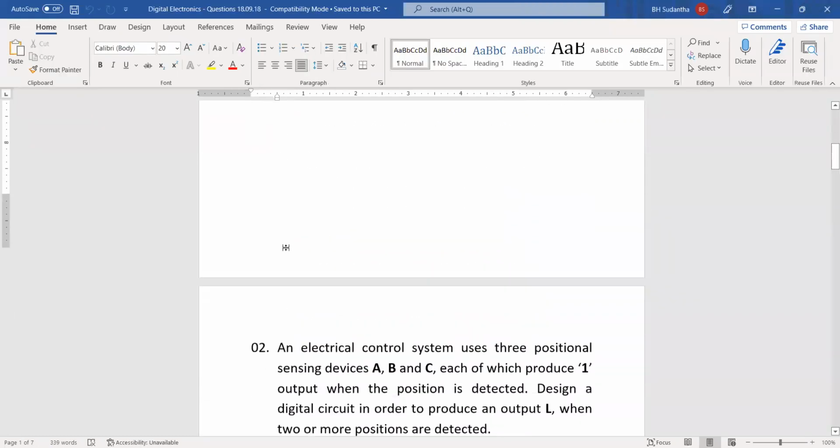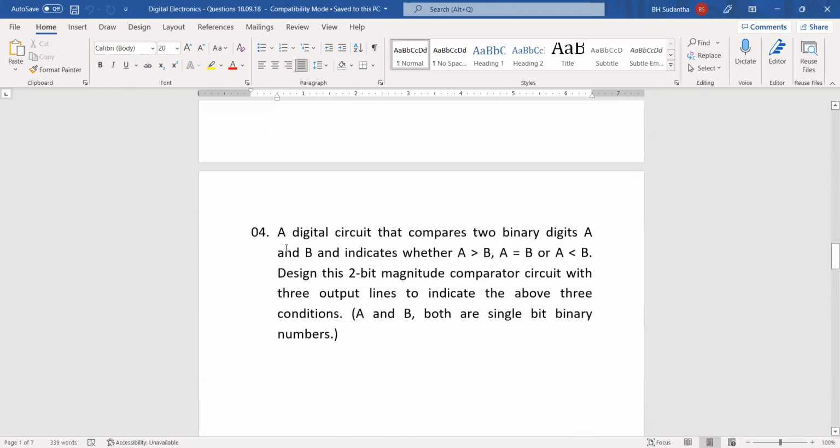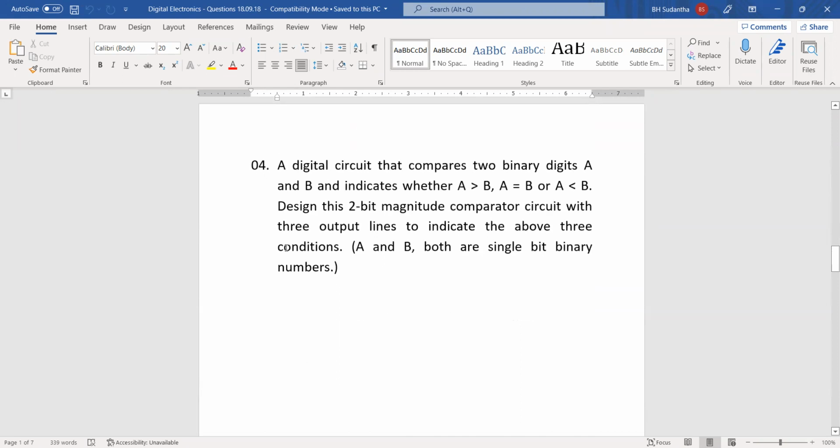This one we discussed, this first one, second one also, this third question, and this is the fourth question. Shall we try this one? Before that, try to identify what is the difference between this question and the previous three questions.